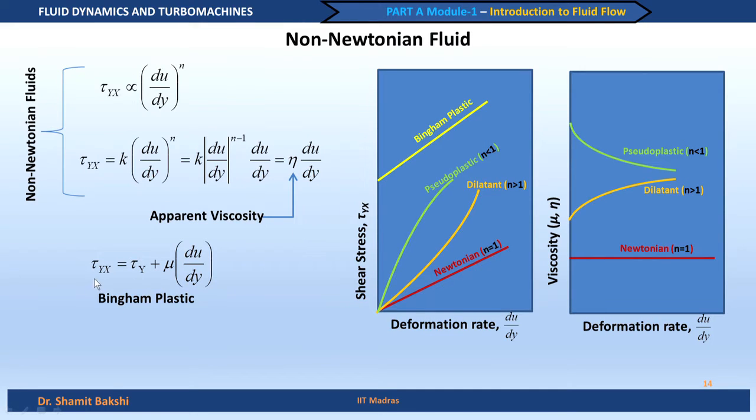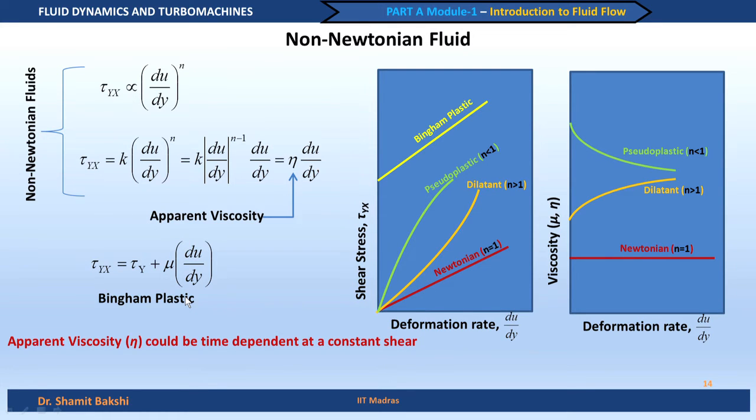It is something like this: the shear stress has some constant. So, even if the deformation rate is 0, you need a kind of yield stress for this to start flowing. This is basically a mathematical expression for a Bingham plastic.